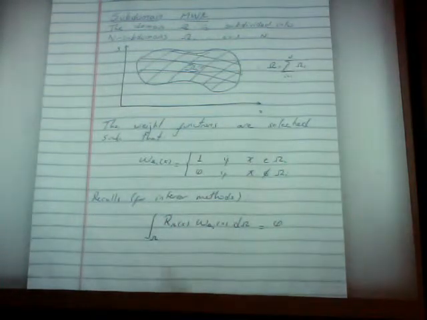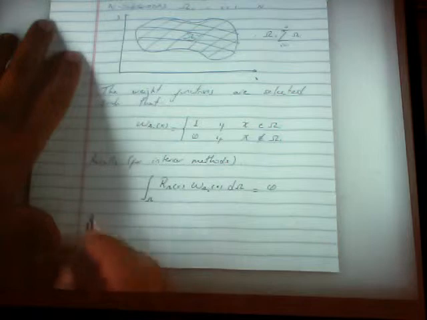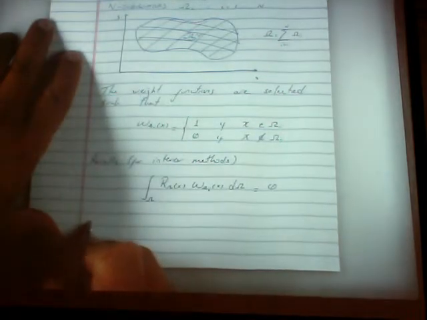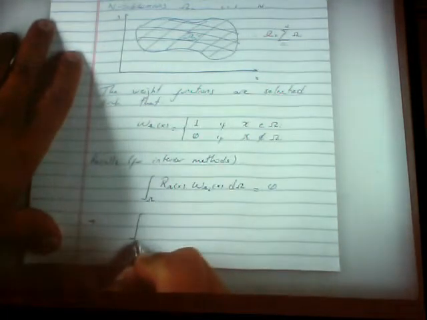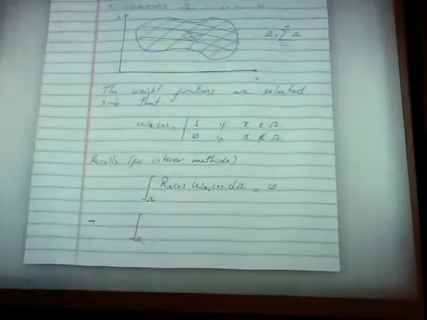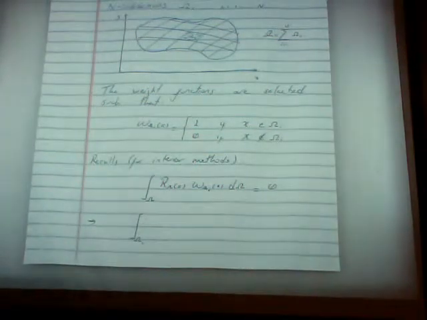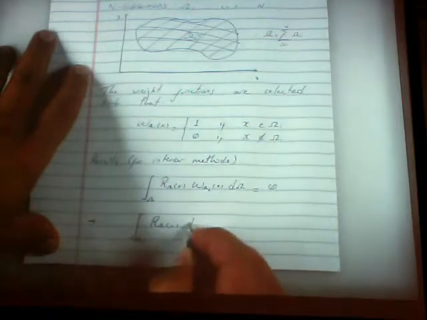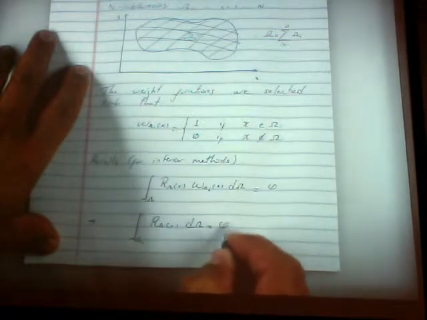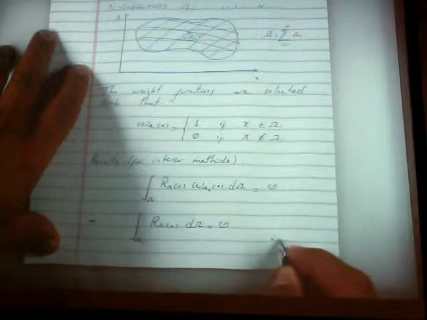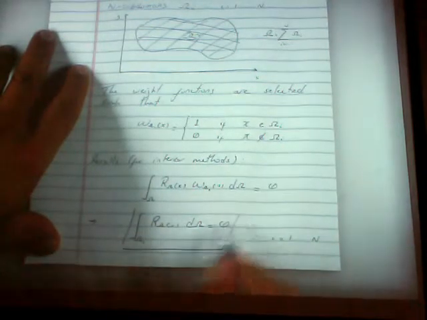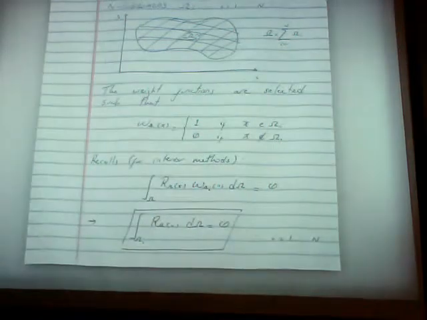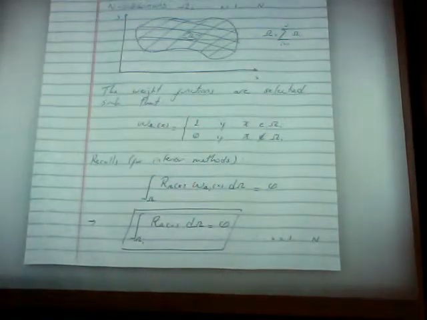Since the weight functions are simply 1 or 0, this will basically translate into the integral over the ith subdomain of the residual, such that I goes from 1 to n. That's it. So the method will just simply reduce to this.